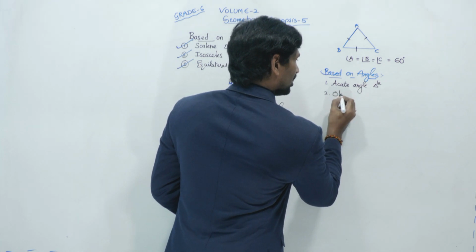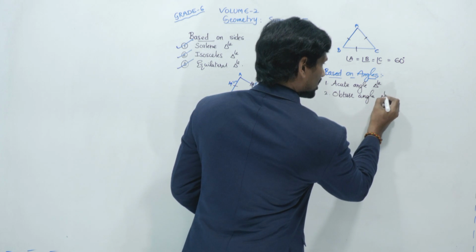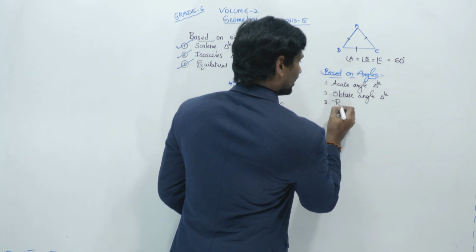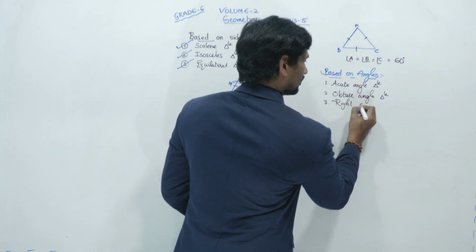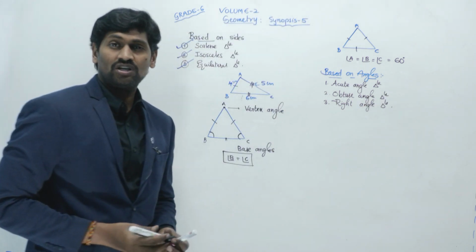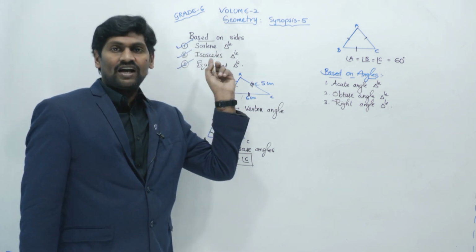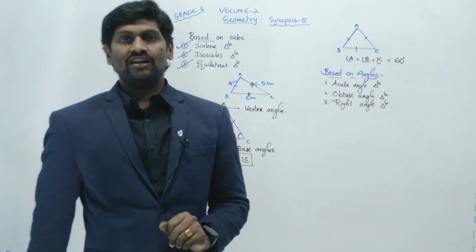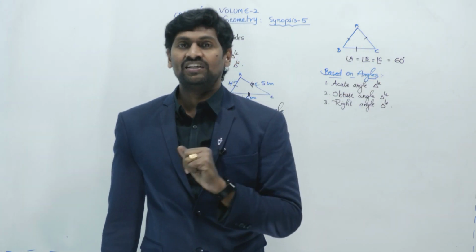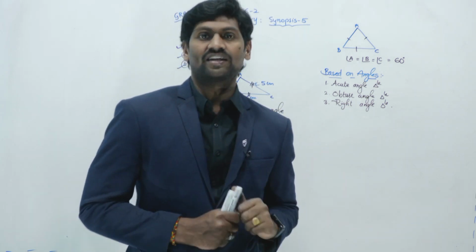Second one, obtuse angle triangle. And the last, right angle triangle. Based on sides, three different types of triangles: scalene, isosceles, and equilateral. Based on angles, again three: acute angle triangle, obtuse angle triangle, and right angle triangle.